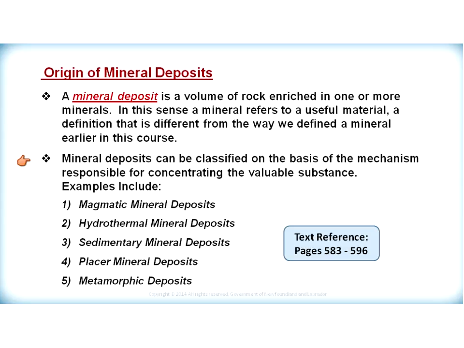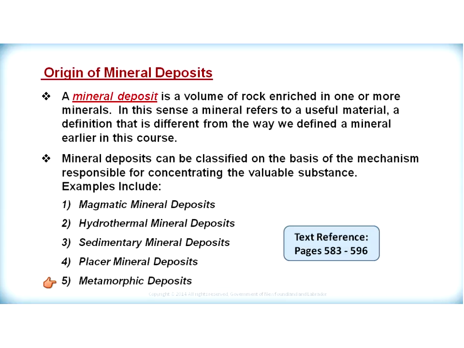Mineral deposits can be classified on the basis of the mechanism responsible for concentrating the valuable substance. Examples include: number 1, magmatic mineral deposits; number 2, hydrothermal mineral deposits; number 3, sedimentary mineral deposits; number 4, placer mineral deposits; and number 5, metamorphic deposits.